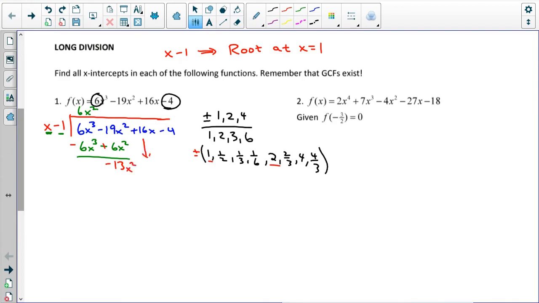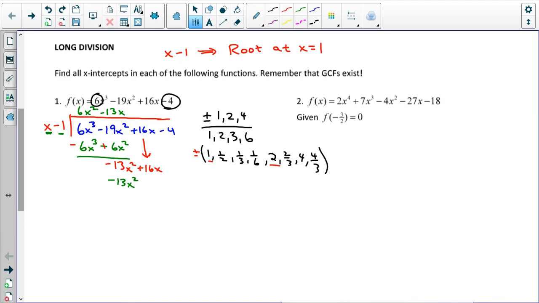Just like when I was doing numbers, I will pull down the 16x, and now the next thing I have to do is find a number that multiplies by x to get negative 13x squared. That number will be minus 13x. Minus 13x times x gives me negative 13x squared.